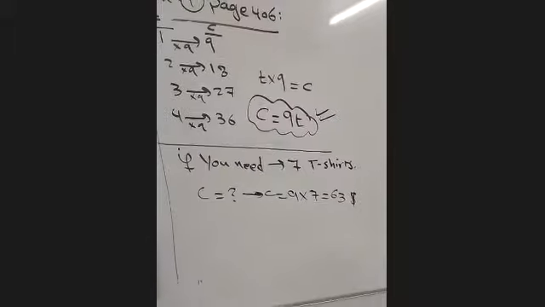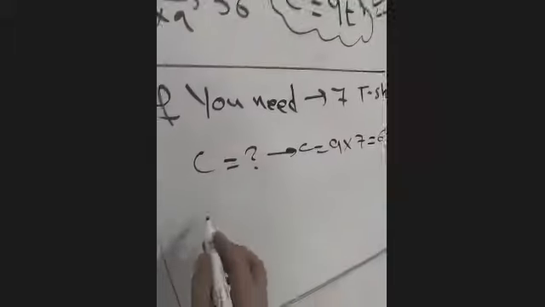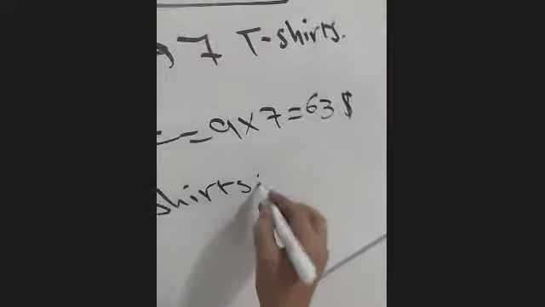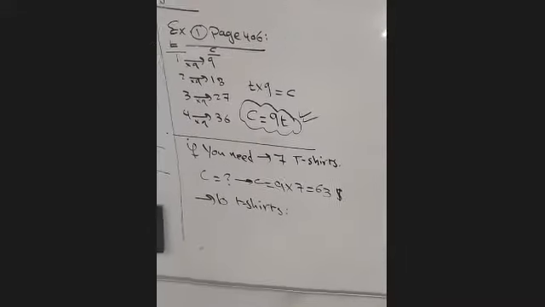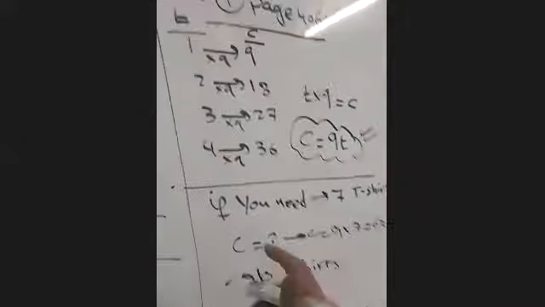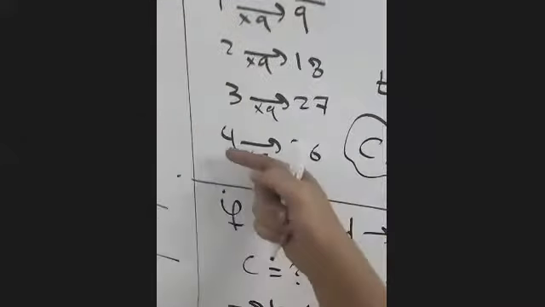But if you want to buy, for example, 10 t-shirts, how will you find the value? Do we go back to the table and keep doing 4, 5, 6?